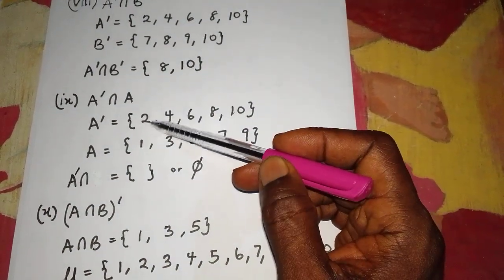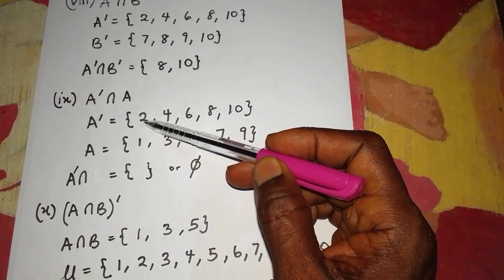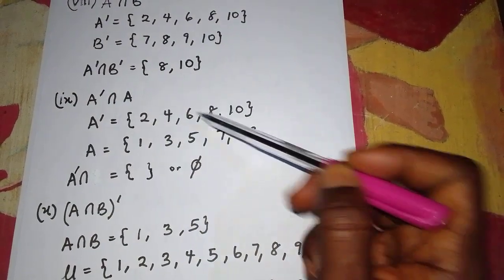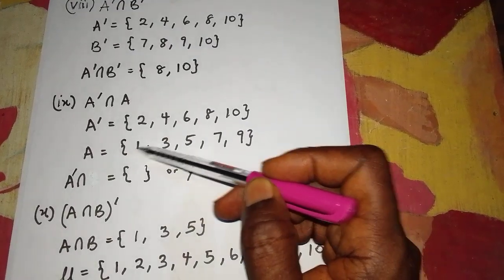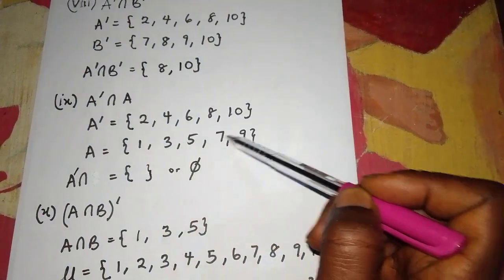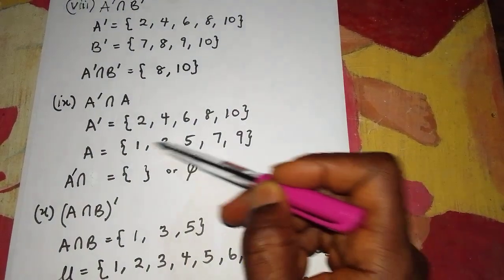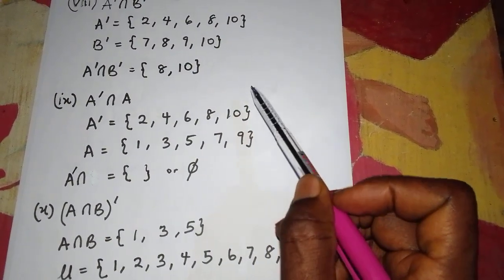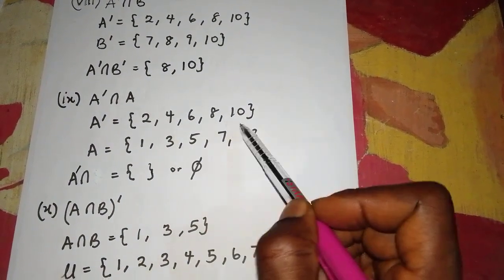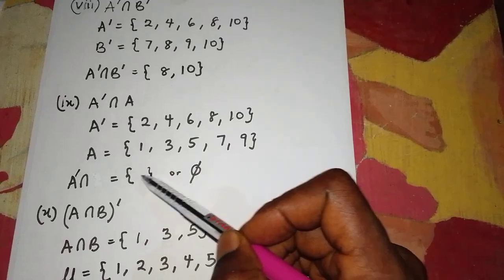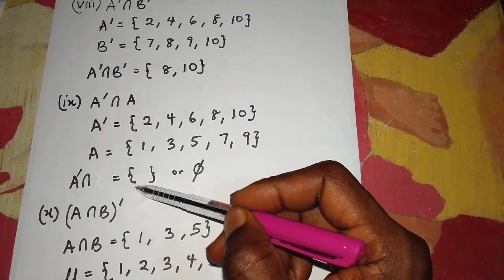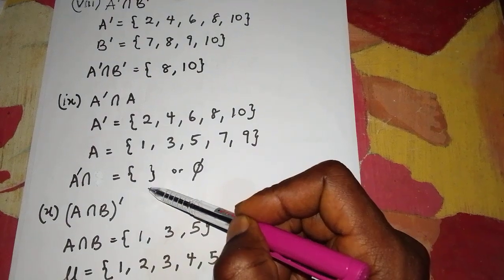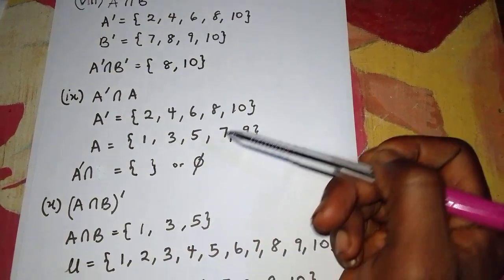So if you look at this, what is common to them? 2 is here, 2 is not in A. 4 is here, 4 is not in A. 6 is in A complement but not here. 8 is here, 8 is not here. 10 is here, 10 is not. So you realize we cannot find any element that is common to these two sets, so that will give us an empty set. That means you can use either of these symbols to signify an empty set.